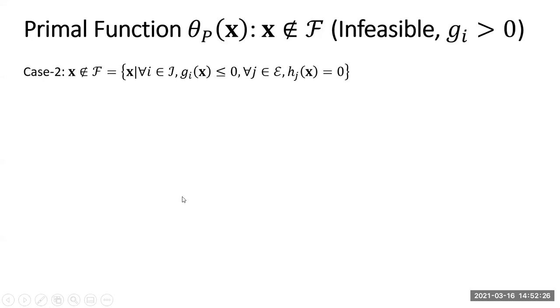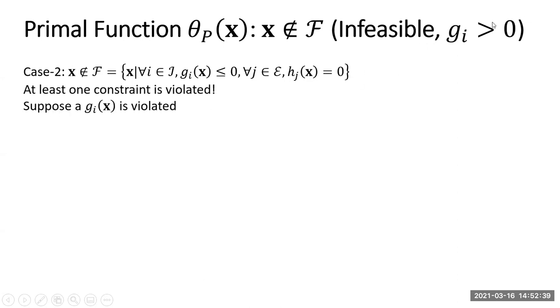So this is case 2: x does not belong to F. At least one constraint is violated, and suppose a g_i(x) is violated. That's what we will look at first. Now, what happens then?